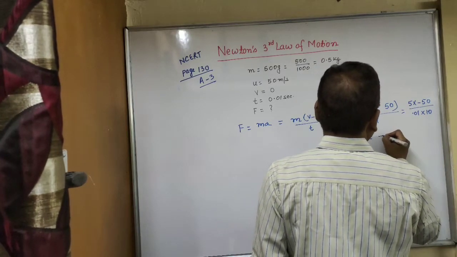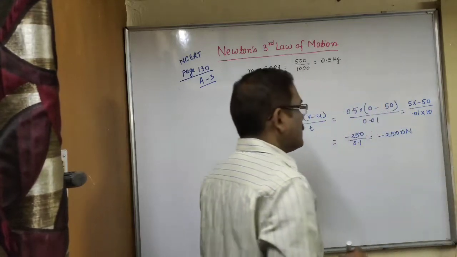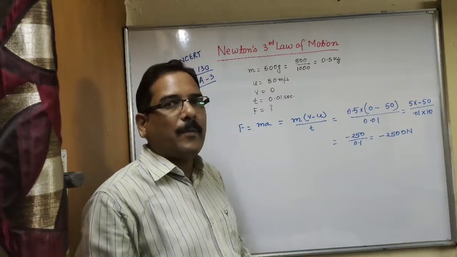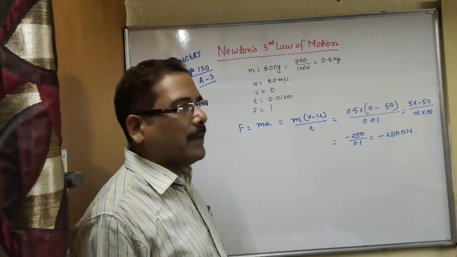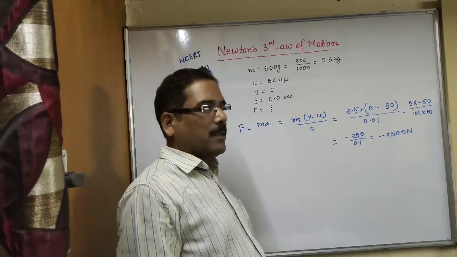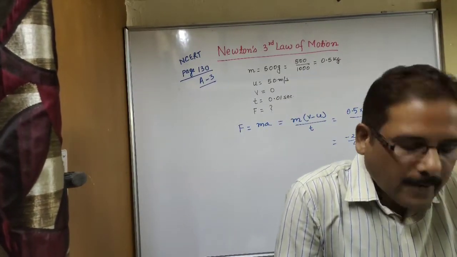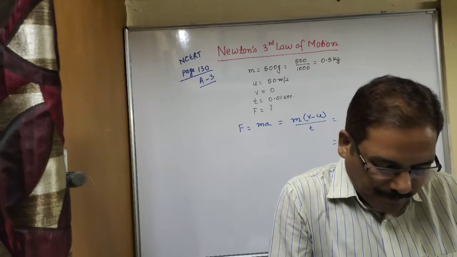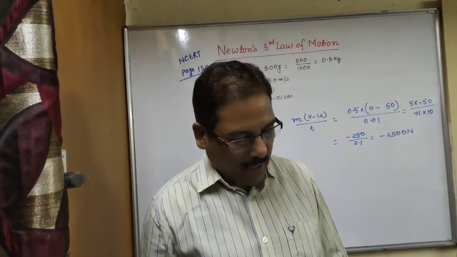So this can be written as minus 2500. This is the force exerted by the nail on the hammer. We are getting a minus sign because this is the reaction force exerted by the nail on the hammer in the opposite direction, a retarding force. That's why we are getting a negative sign.